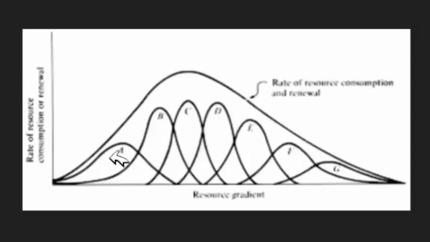But those towards the tails, here, A and G, have broader utilization curves because their resources renew more slowly. So in such an assemblage, the consumers are at equilibrium with their resource, and the rate of resource consumption is equal to the rate of renewal along the entire resource gradient.